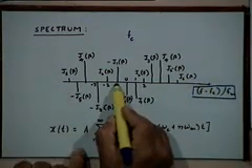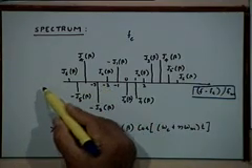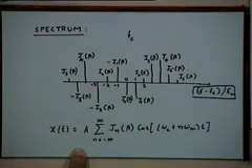Similarly these are the components at Fc minus Fm, Fc minus 2Fm and so on, right. So this is what a typical plot might look like.